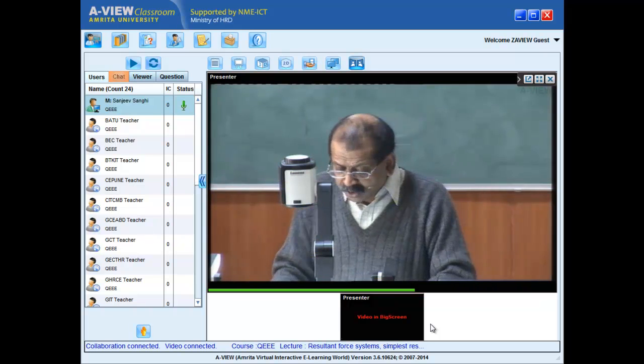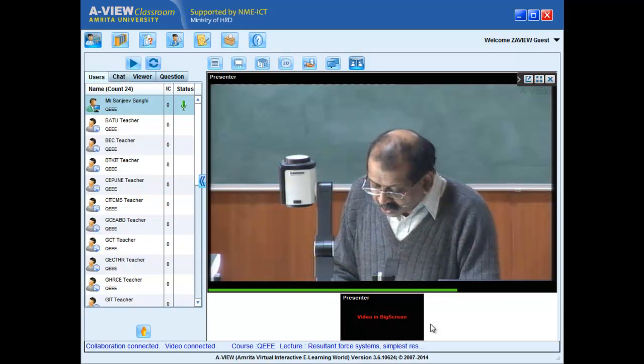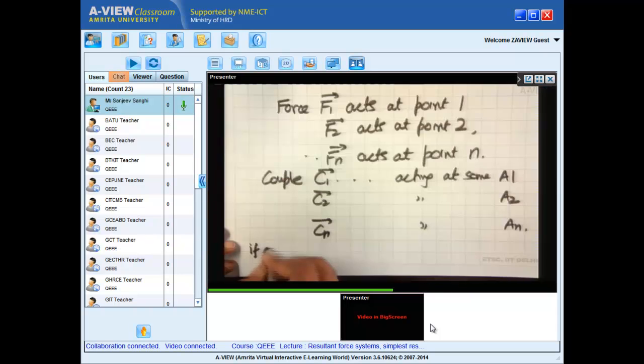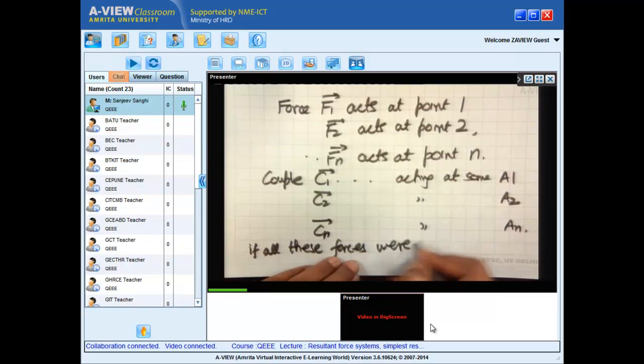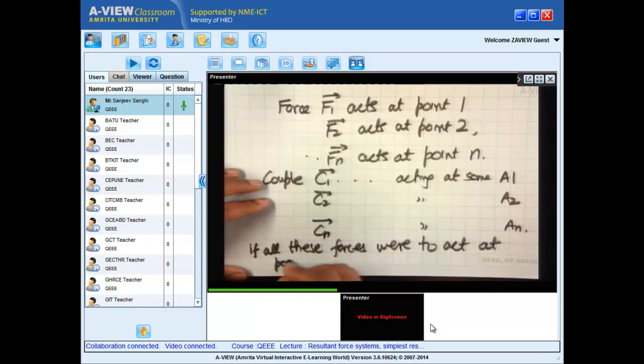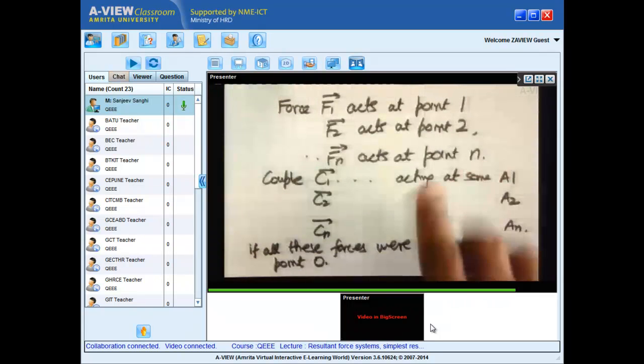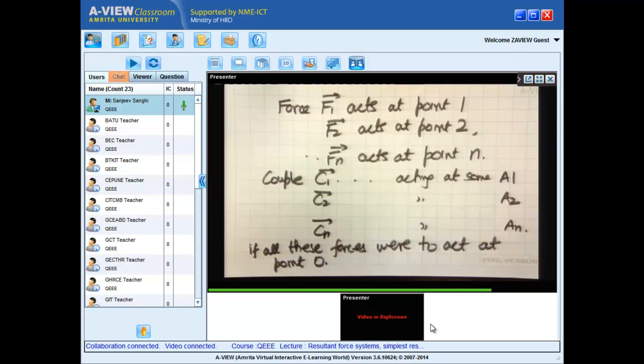Now what we are trying to ask is, if all these forces were to act at point O, that means the forces in the original system are acting at different points, and we want to shift them to a single point.